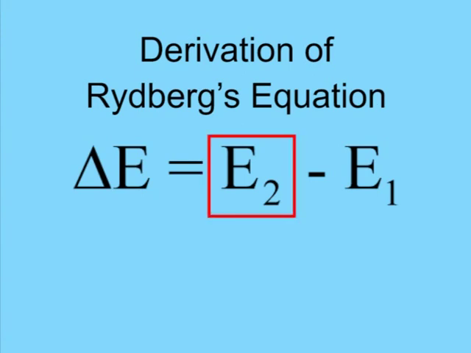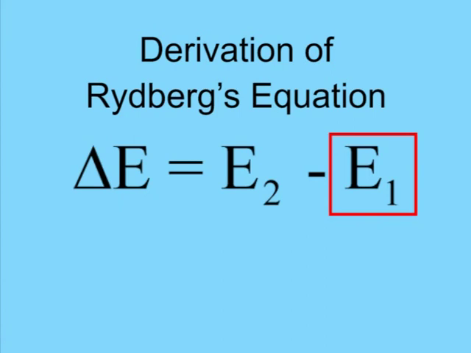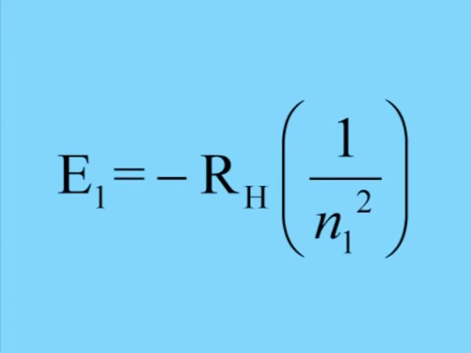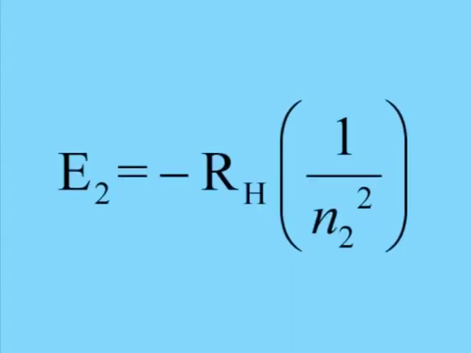Here, E2 is the energy associated with the higher energy level and E1 is the energy associated with the lower energy level. Now E1 is equal to minus RH into 1 upon n1 square and E2 is equal to minus RH into 1 upon n2 square.